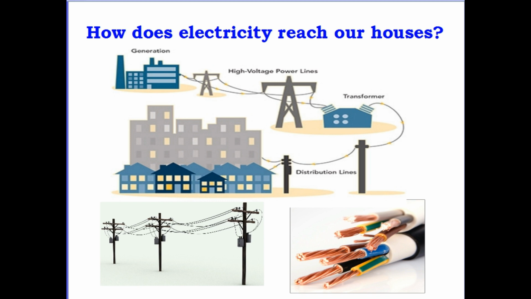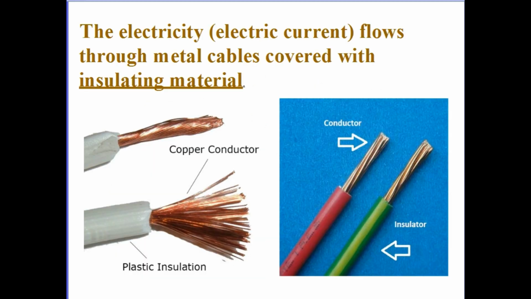Let's have a closer look at these electric cables and see what they are made of. The electric cables are made of two parts or two layers: the inner one and a covering from outside. The inner part is made of a good conducting material like copper metal, because this is the area where the current passes.